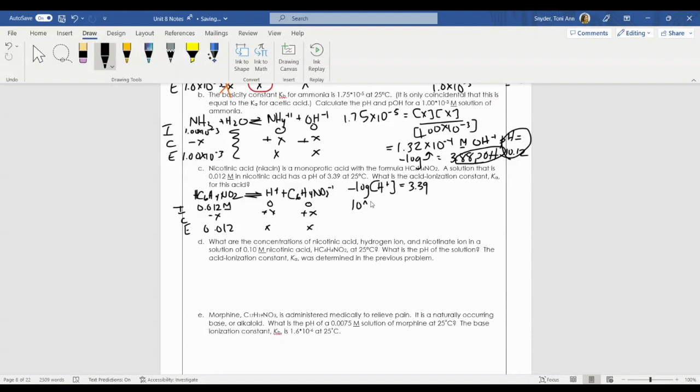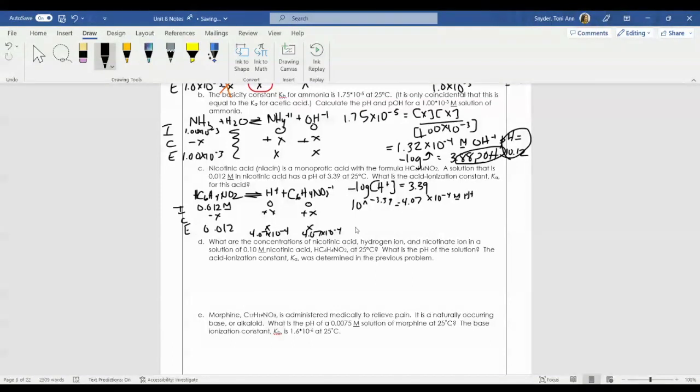You do 10 raised to the negative 3.39. I'm so mad at myself that I did that. But it happened. So the answer is 4.07 times 10 to the negative fourth molar concentration of hydrogen. So that is equal to this, which is also equal to this.